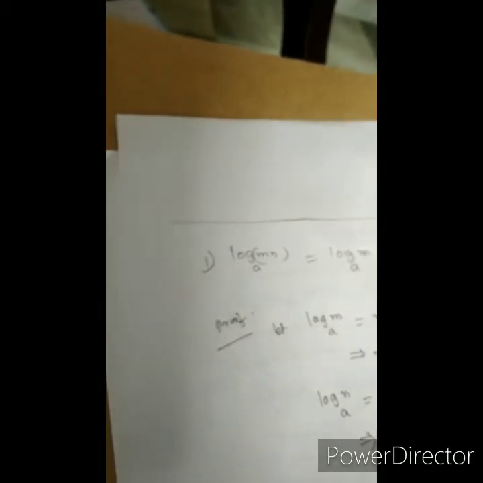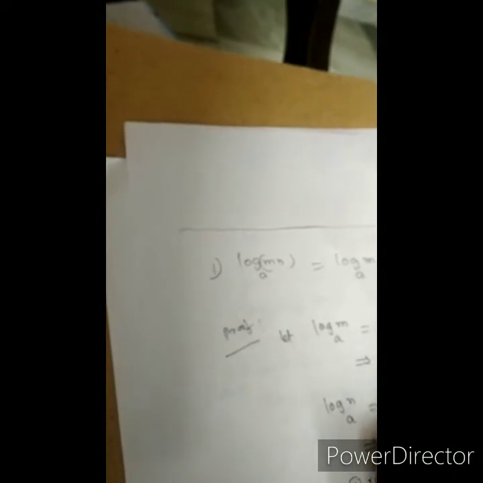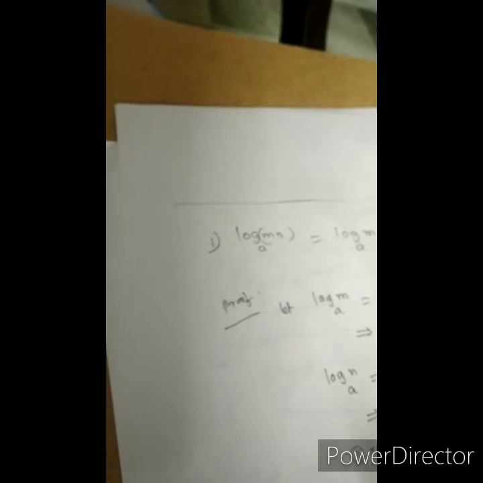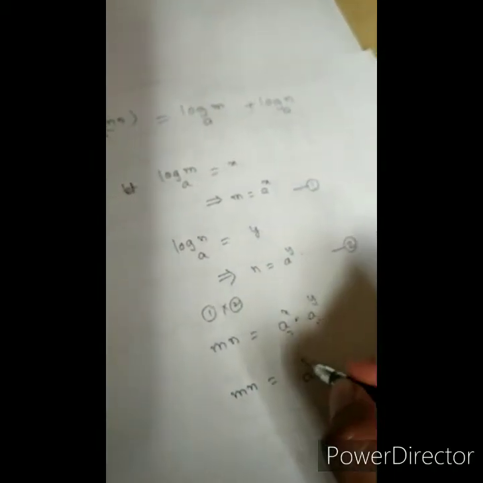If we do 1 into 2, mn is equal to a power x into a power y. Here the bases are the same, so you can add the powers. This is a power x plus y.